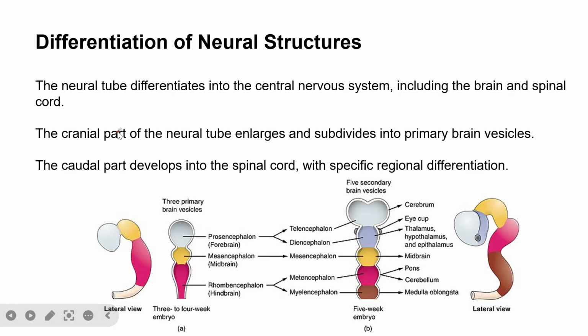So these are the two different parts of the neural tube: the cranial part differentiates into brain vesicles, while the caudal part differentiates into the spinal cord with specific regional differentiation.